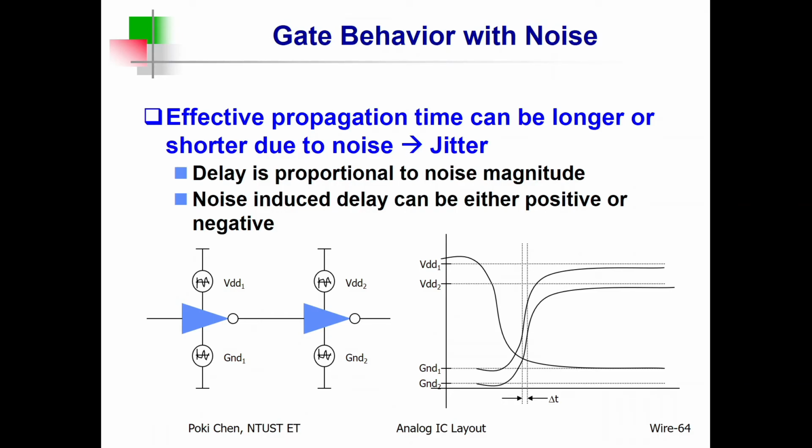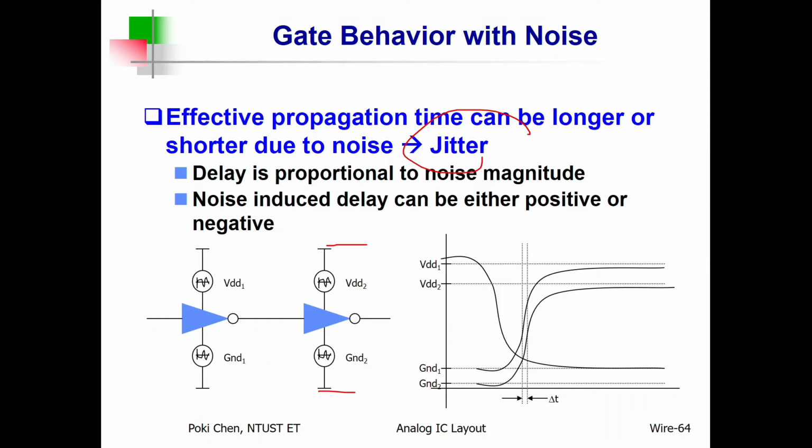If you have any kind of fluctuation or resonance over your VDD or ground, then you will see the impact called jitter. Why? For example, that is the ideal one, right? Ideal VDD and ideal ground.